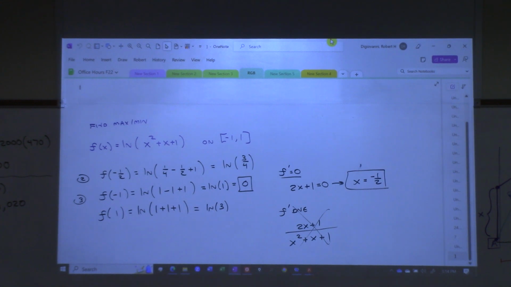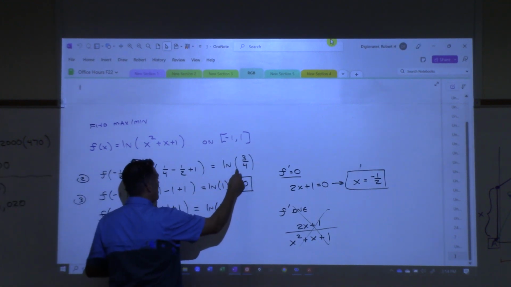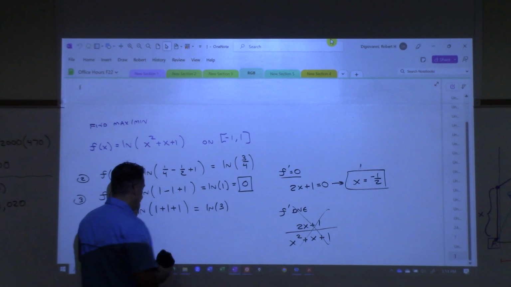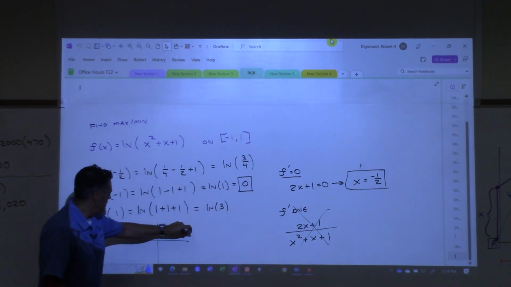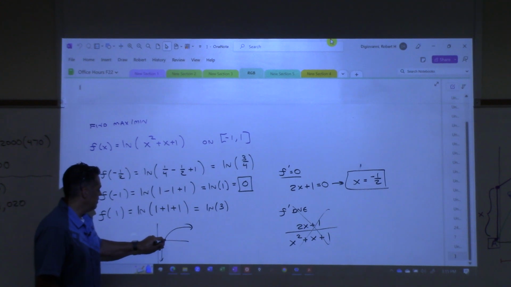Did everybody follow? So what's my max? What's my min? You got to be careful with this. You got to make sure that this is not a negative number. Could be. Because remember, the natural log looks like this when you graph it. Right? It goes like that. And where does it hit here? At 1.